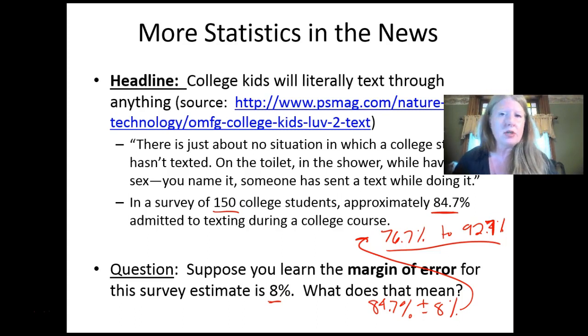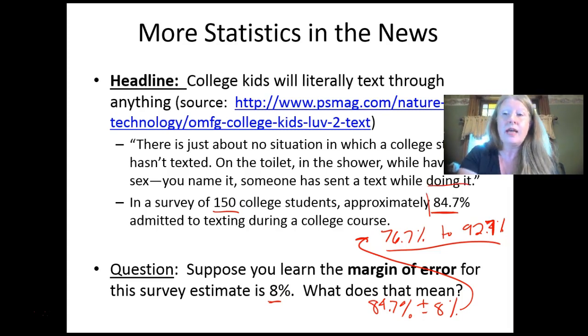So one way we can interpret this, based on what you've learned about in Chapter 3, is that we're 95% confident that in the population of all college students, the percentage who text during a college course is between 76.7% and 92.7%.